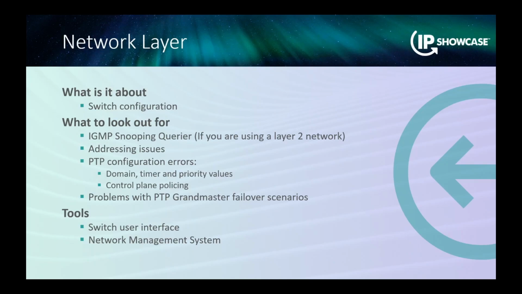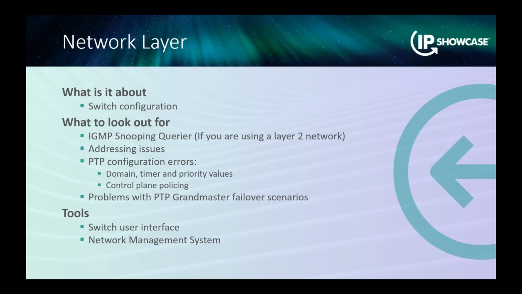But usually this is outlined in the respective documentation, how you can do this. If PTP seems to work somehow, but sometimes it doesn't, then that can be down to the control plane policing just throwing away PTP packets, and then you just increase the amount of bandwidth you reserve for PTP, and then everything's fine.